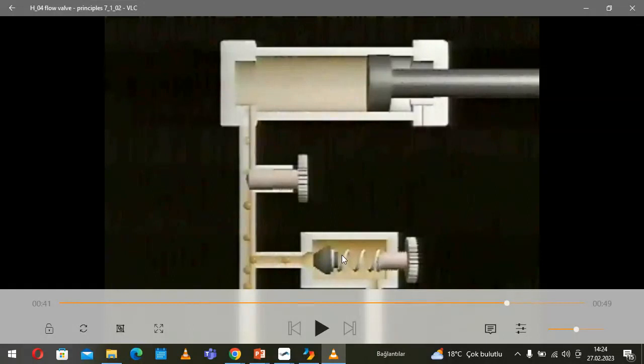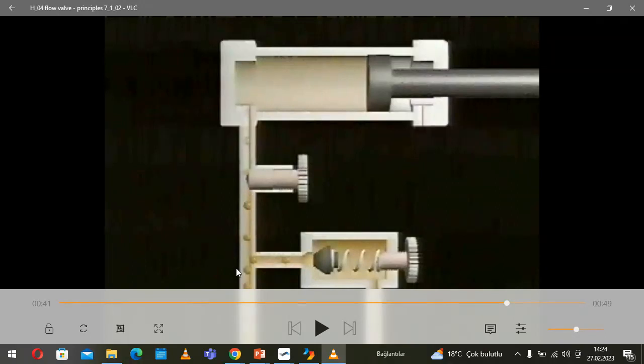So we adjust it. Then it starts to open slowly, and partly the flow goes via the pressure relief valve into the reservoir, and partly it flows depending on the cross section. I mean, we reduced the partial flow into the cylinder.